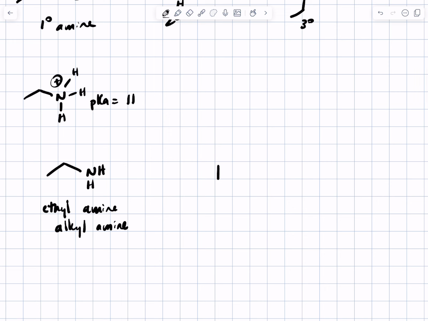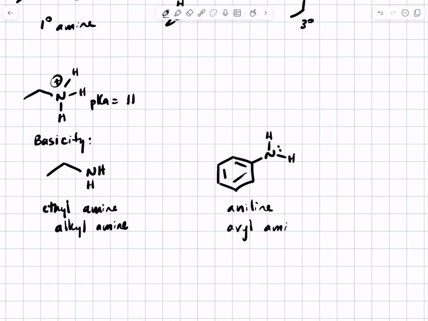And let's compare the basicity of the alkylamine with something that we're going to call an arylamine. This is, in this case, the molecule aniline, which is an example of an arylamine. An arylamine is one where one of the groups attached to the nitrogen is an aromatic group.